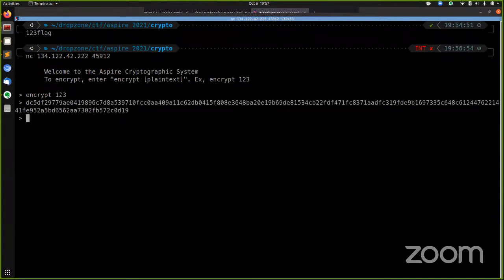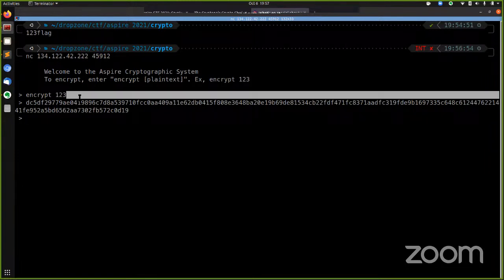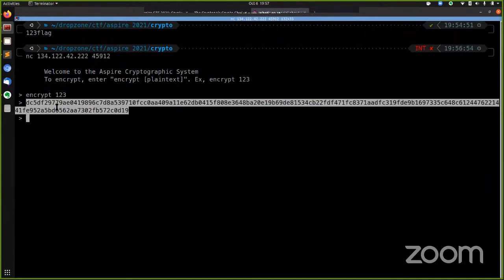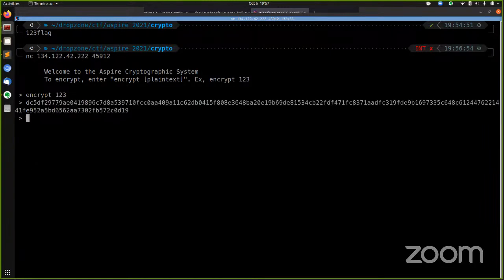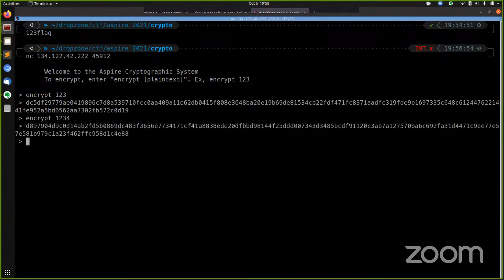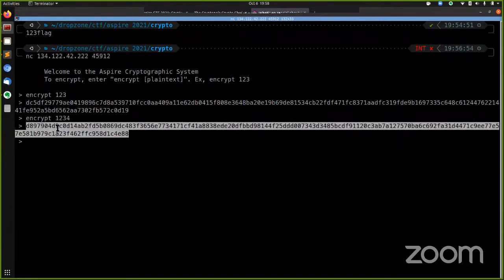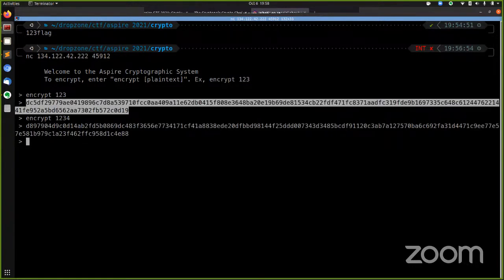So what this means is it's taken my 1, 2, 3, added the flag here, and encrypted the data, and then showed me the encrypted data. I don't know the key, and I don't know what the data is. All I can do is send it data, and it encrypts it together with the flag. If I encrypt that again, this is the data that gets back to me. As you can see, it's very different data.